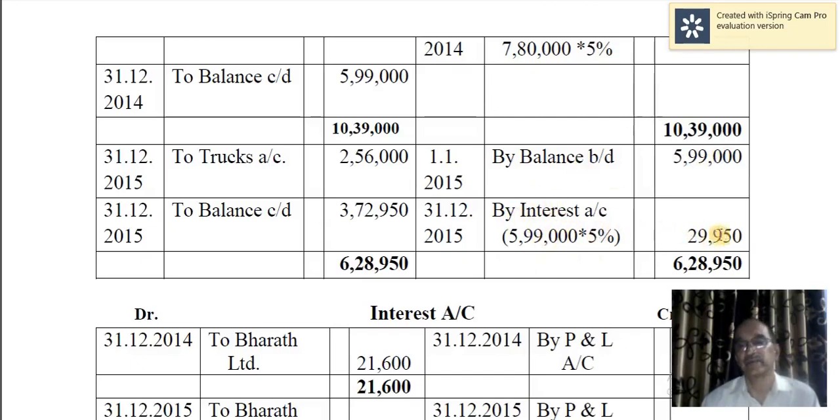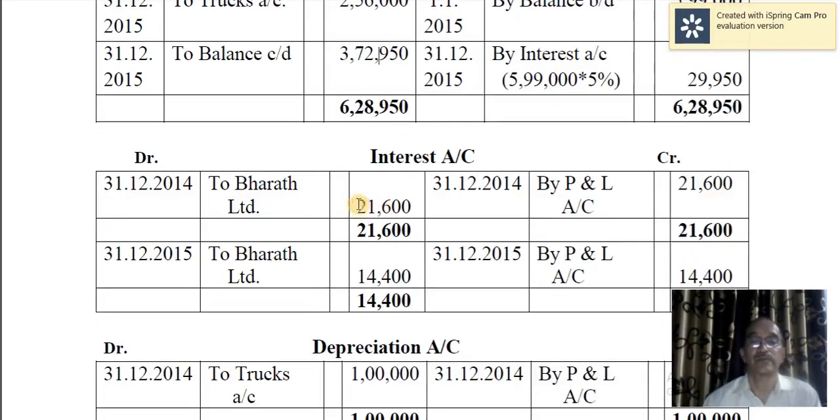Therefore, 29,950. You are not paying the second installment. Therefore, 2 trucks were repossessed by hire vendors. And agreed value is 2,56,000. Already working note has been provided there, working note number 1. As a result, still you owe 3,72,950 to Bharat Limited.